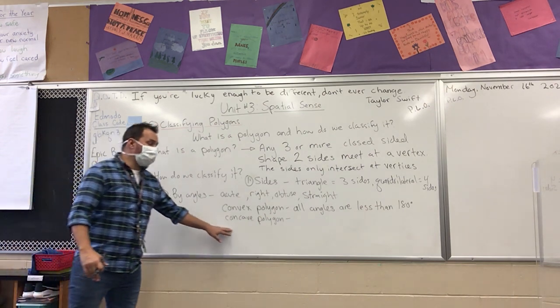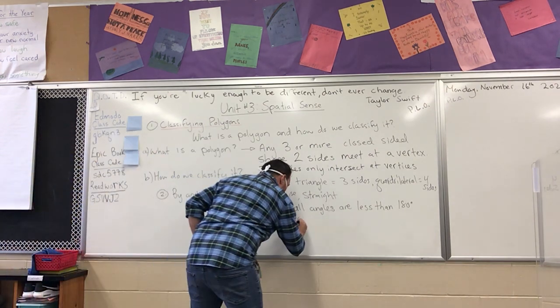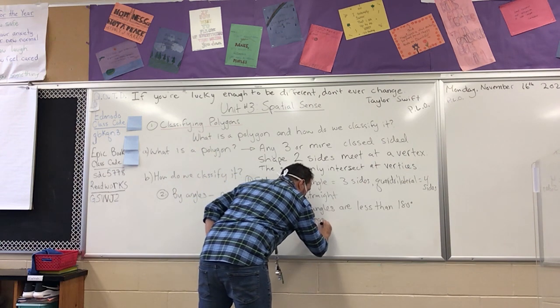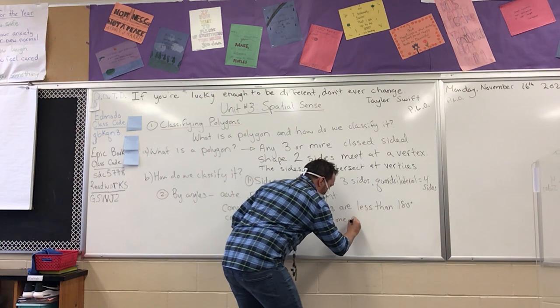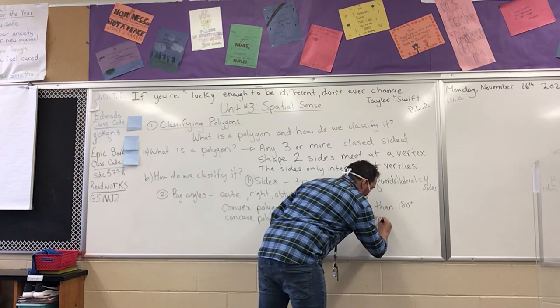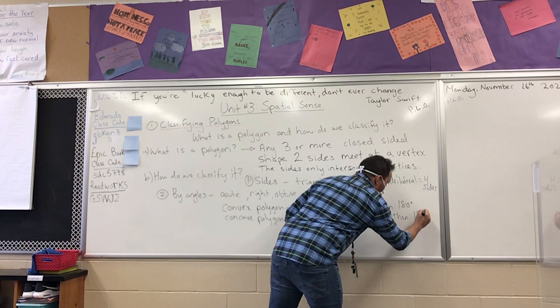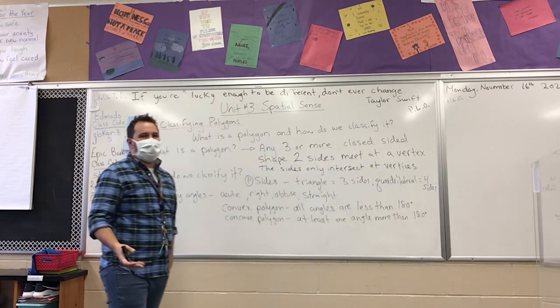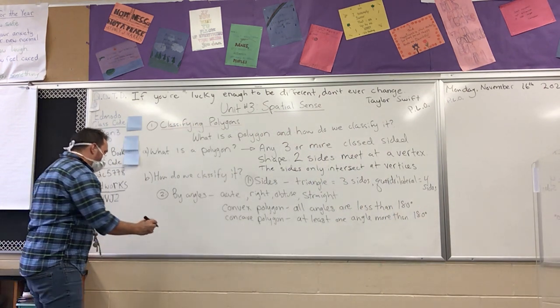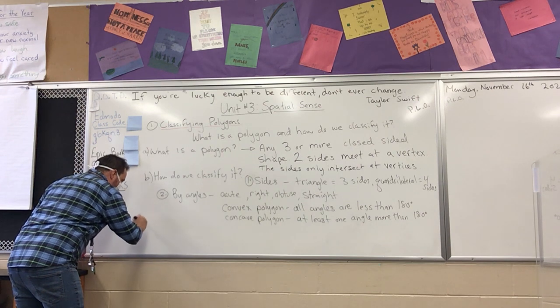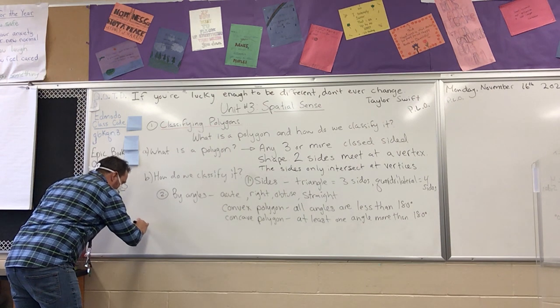Okay? With a concave polygon, it has to be at least one angle more than 180, right? So you might say, Mr. McCourt, I have no idea what that looks like. And I might say, well, let's say you had something like this.